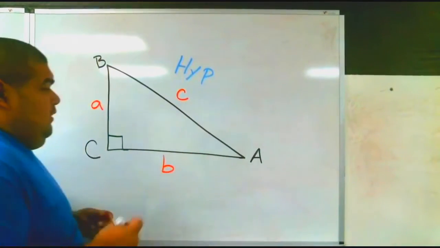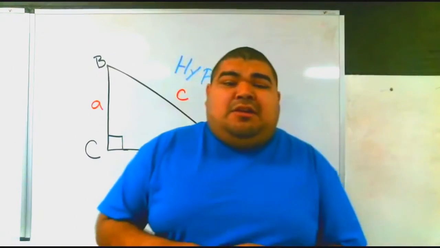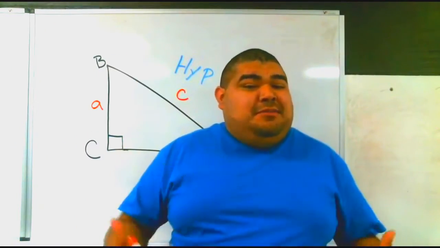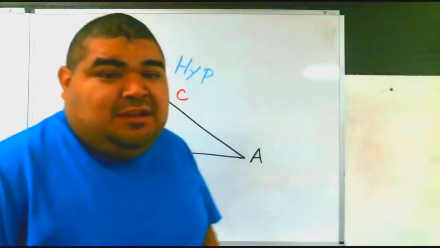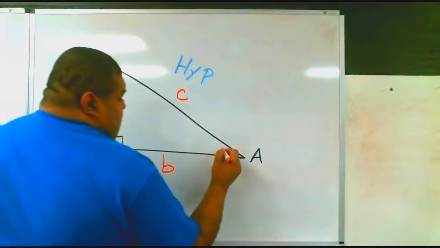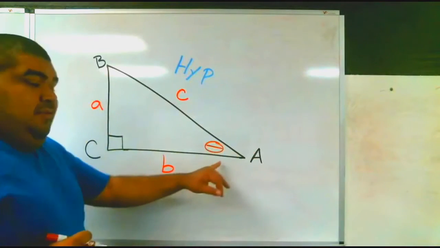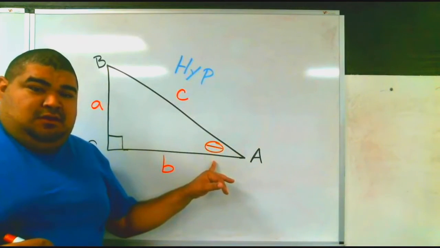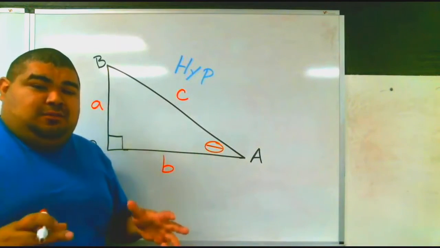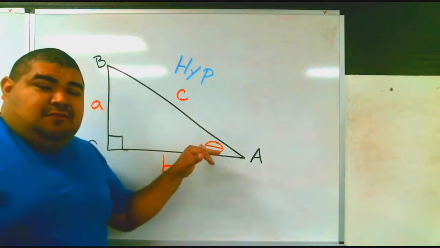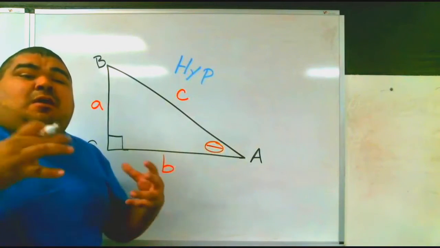Now, we're going to introduce something you probably haven't seen before. It's known as theta. If theta is on this angle here, across from theta is always known as your opposite side.